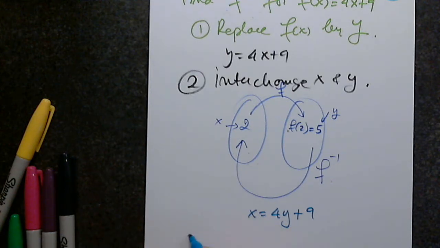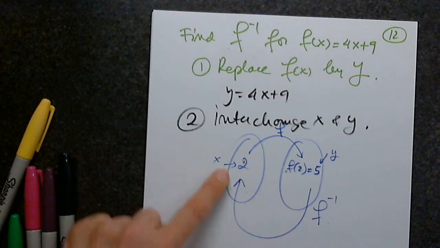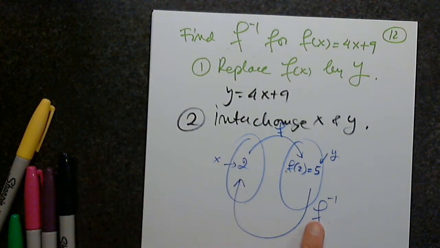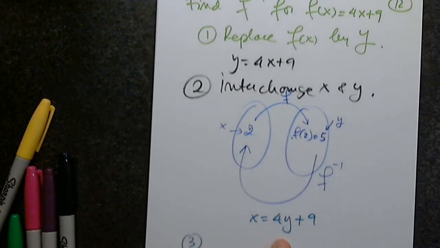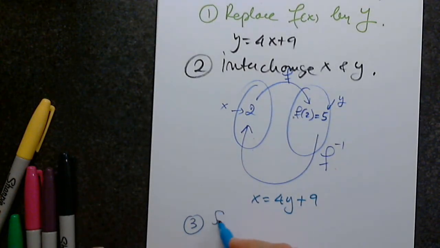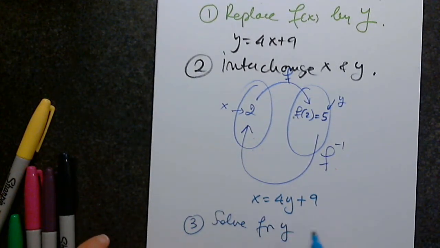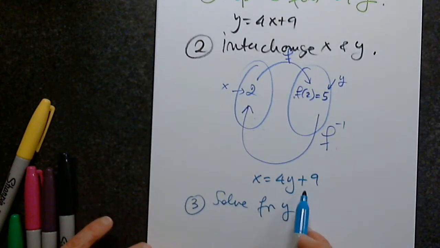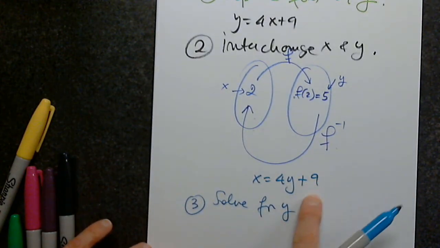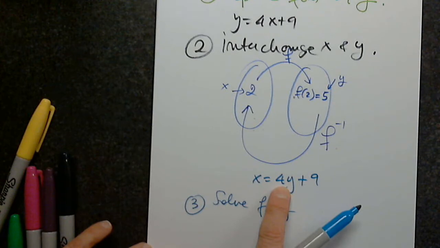In step 3, what do you think I'm going to solve for? What am I after? I'm after this eventually that becomes y for f inverse. So I will solve for y in step 3. Solve for y. Okay, how do I solve for y? Of course, I move 9 and divide by 4.